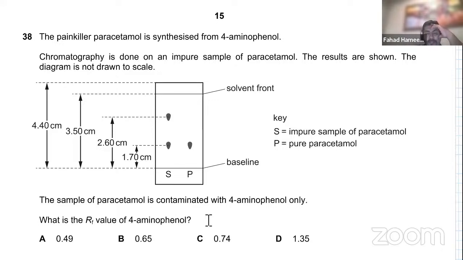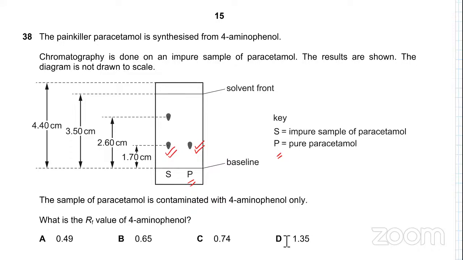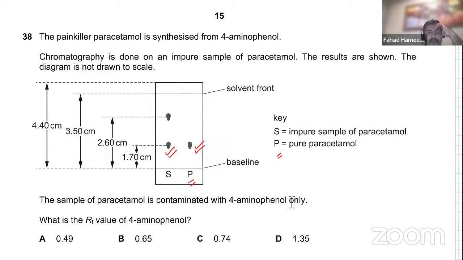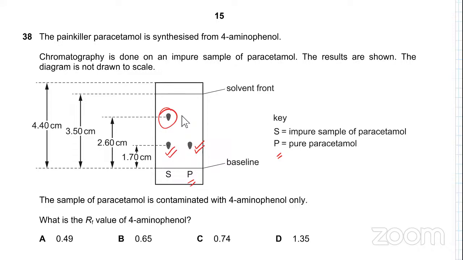First tell me, which two dots are paracetamol? Not S. Paracetamol is this dot. Remember P, what did I say? It's a pure sample, so this is pure paracetamol. Which one matches this one? So these two are paracetamol. Is that clear? So the contamination, 4-aminophenol, is this one. They're talking about the impure sample.